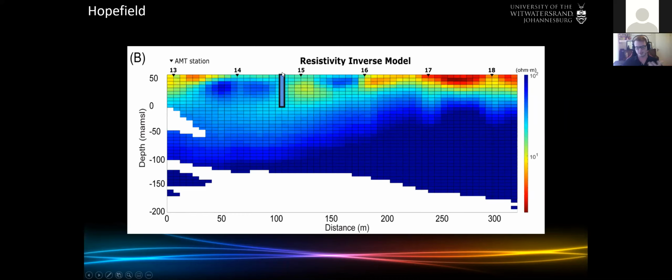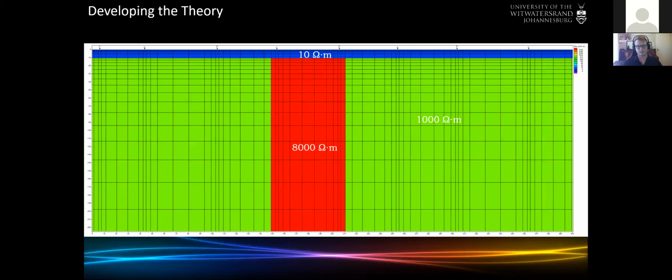Just to show this in theory, if it still doesn't make sense, let's take a very simple theoretical model. We have a 10 ohm meter conductive overburden with an 8,000 ohm meter resistive dike embedded in a 1,000 ohm meter half space.